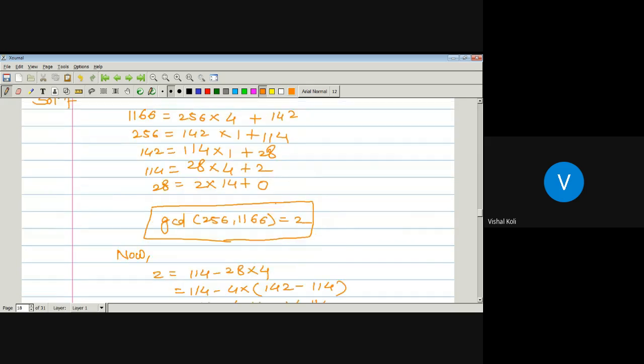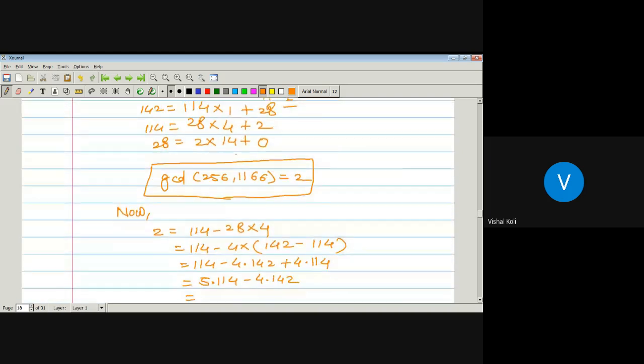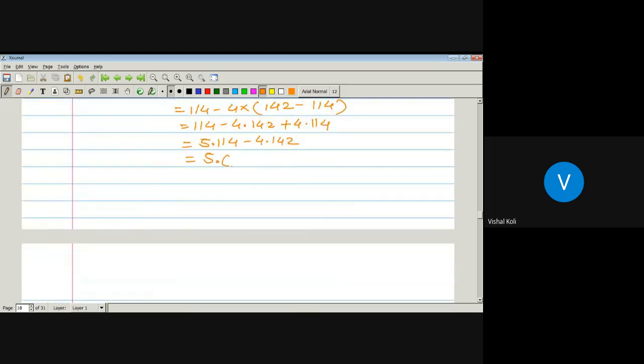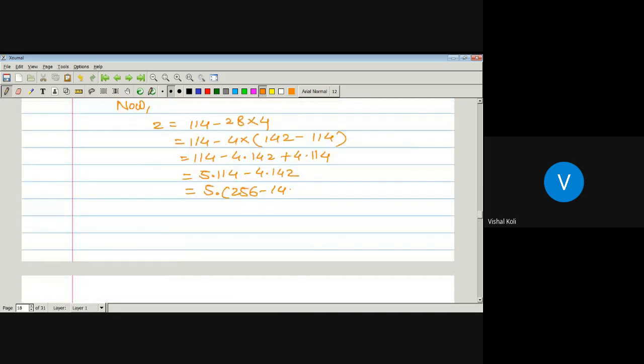Again, the value of 114 is 256 minus 142. So 5 times (256 minus 142) minus 4 times 142, which is equal to 5 times 256 minus 5 times 142 minus 4 times 142, which is 5 times 256 minus 9 times 142.